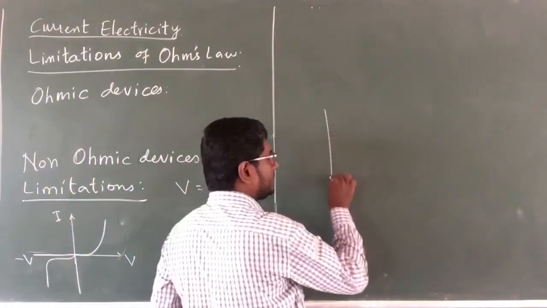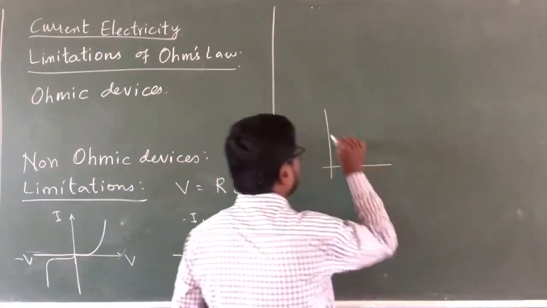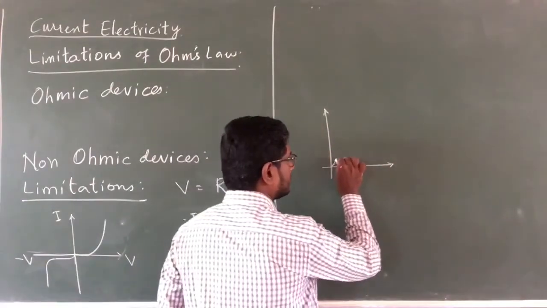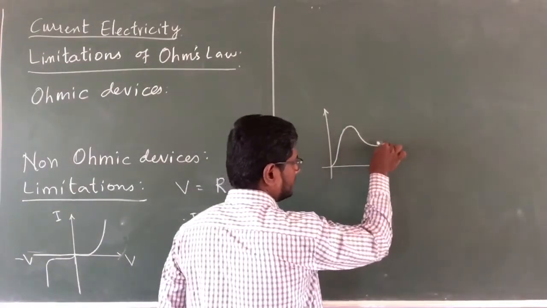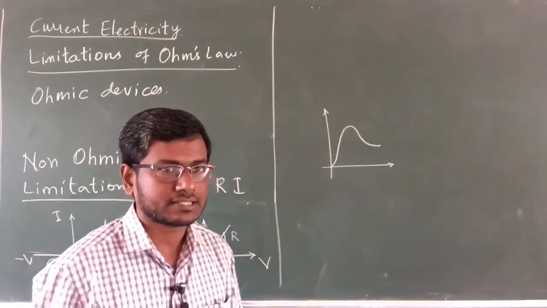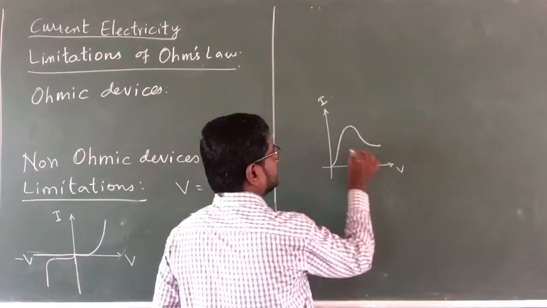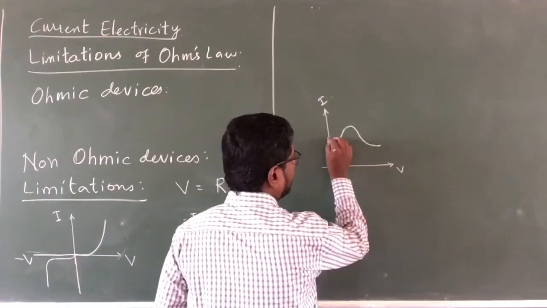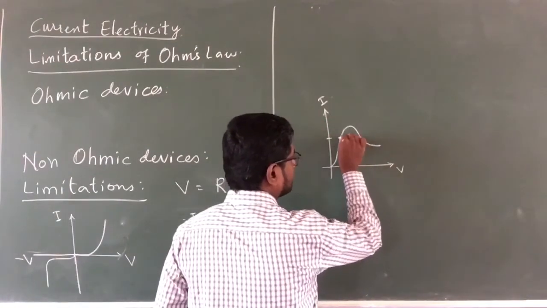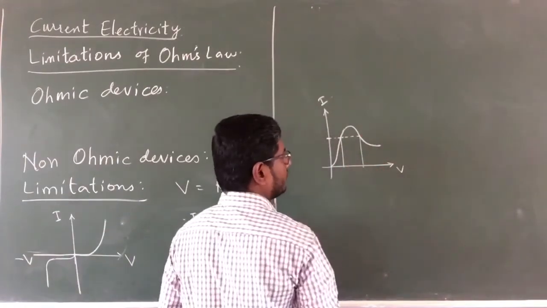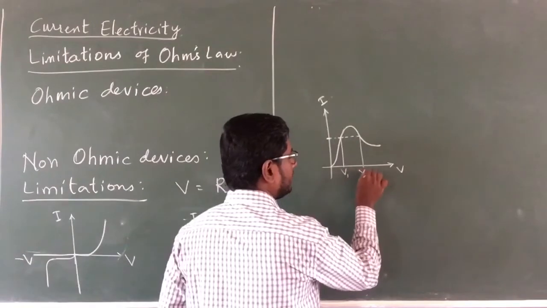Third one: the relation between V and I is not unique. There are some devices where it is going to be something like this. If I have V here and I here, then if I take a value of I here, I can have this value of V, and at the same time I can have this value of V. So I will have V1 and V2.